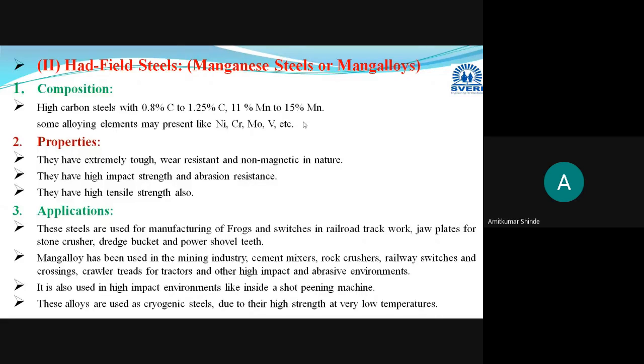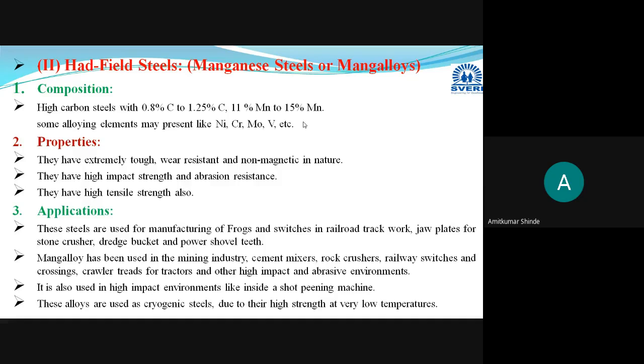Now these Hadfield steels or manganese steels, also termed as mangalloys, are used in the manufacturing of frogs and switches, which are used in the railroad tracks. In the railway tracks, certain frogs and switches are there depending on their structure.